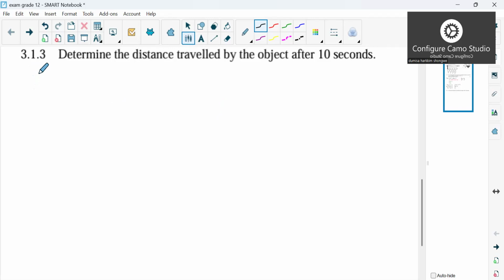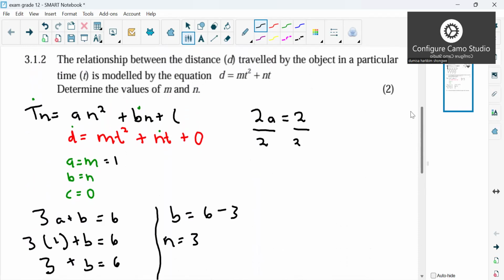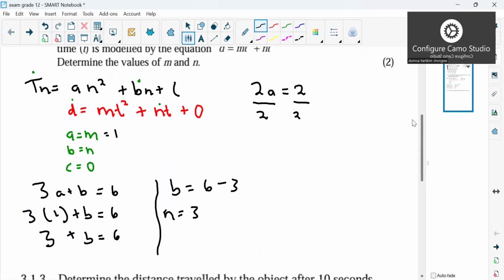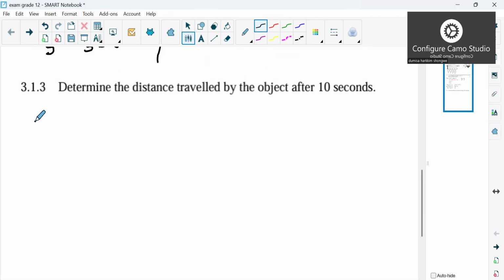Okay guys, now the hard work has already been done on 3.1.2. So let's just go and remind each other. We were supposed to determine the value of m and n. The distance is defined by the following formula: d is equal to m t squared plus n t.